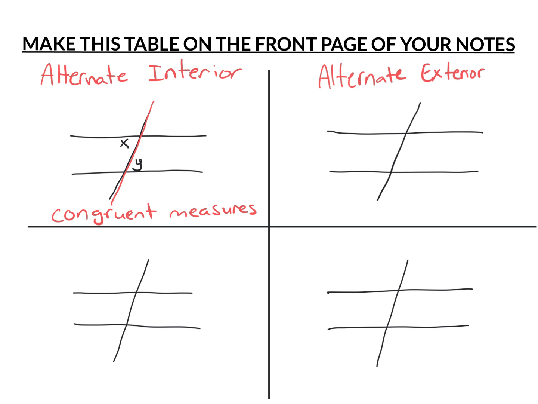So if I put X here, where is Y going to go if it's alternate exterior? Bottom right. Is that what you were thinking? Alternate exterior, both on the outside, and they're on opposite sides. Do those two angles look the same, or do they look different? They are the same. So the word for same is congruent measures.